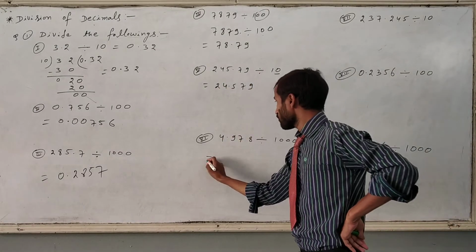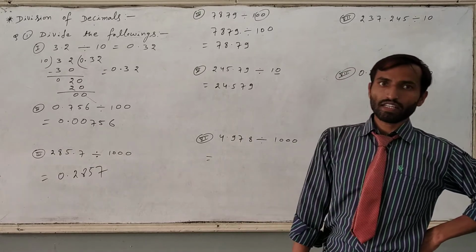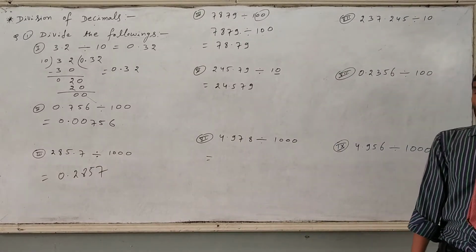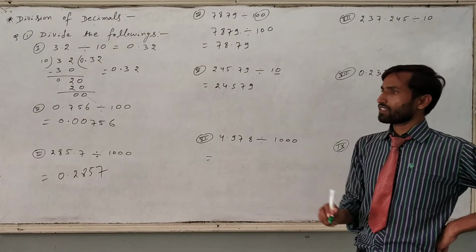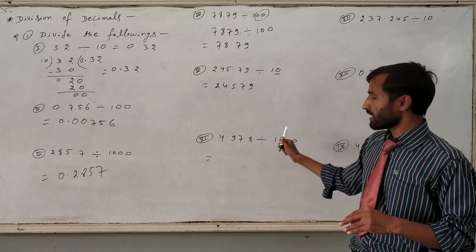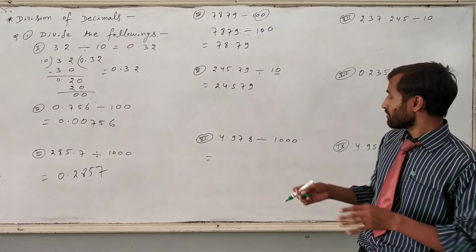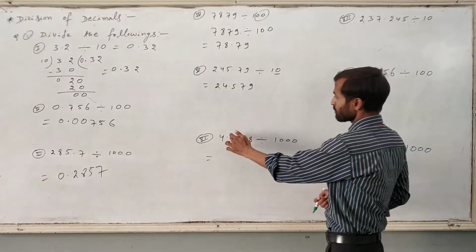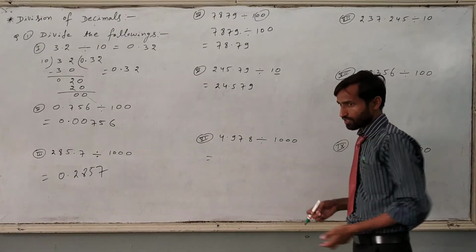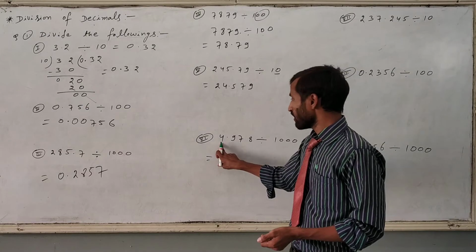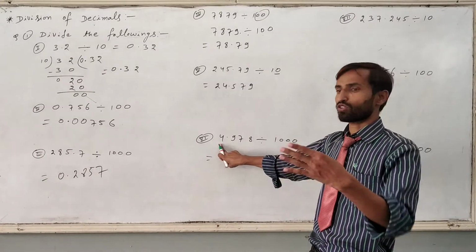Again, just see this question, 4.978 is divided by 1000. It has 3 decimal places and 1000 has 3 zeros. Again, we have to shift this point 3 digits. For that, there is only 1 digit available, so we have to put 2 more zeros.